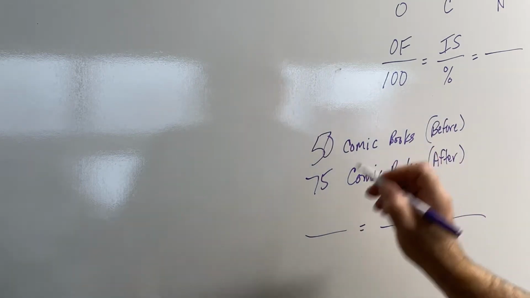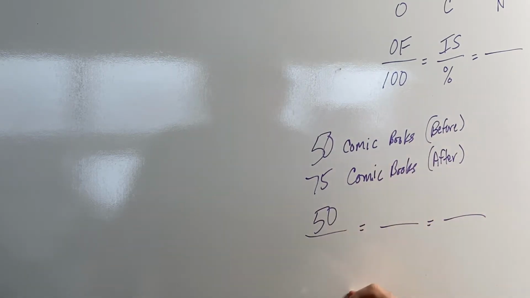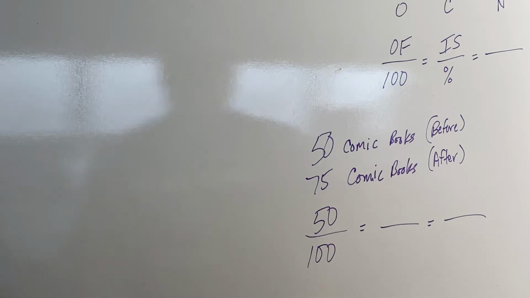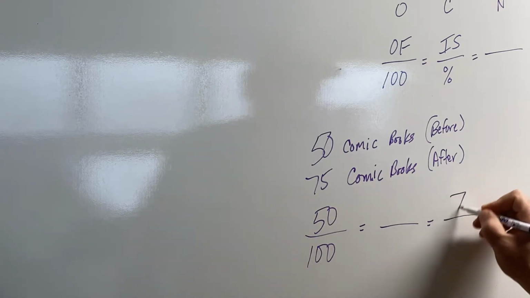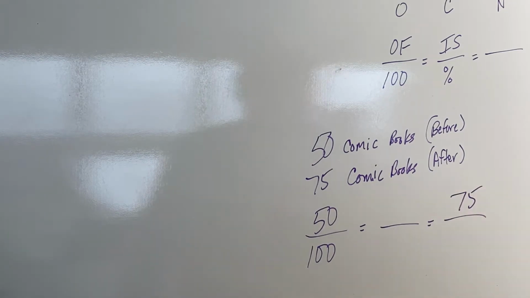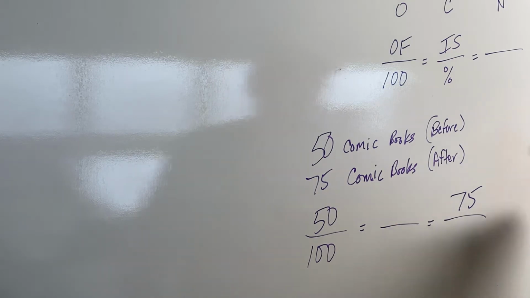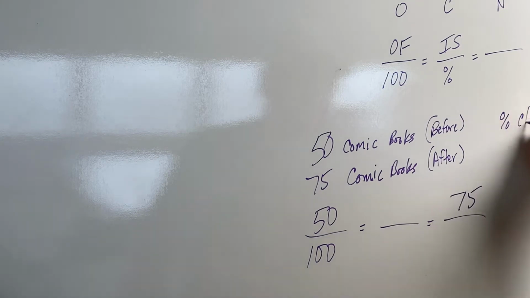So 50 would be his original amount of comic books, and that represented 100 percent of the original number he had. He went to this Comic-Con in 2018, and he ended up coming back with a total of 75 comic books when you add in the other ones. So now, what it wants us to find is the percent change.